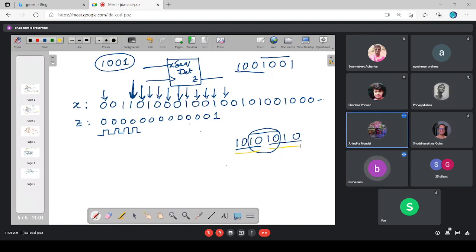So if you allow overlapping, I'll be getting a 1 here, 1 here, and 1 here. 0, 0. Okay, and if you do not allow overlapping, I'll be getting 0, 0, 0, 1, then 0, 0, 0, 1. Okay, is it clear? Yes, sir. Fine.